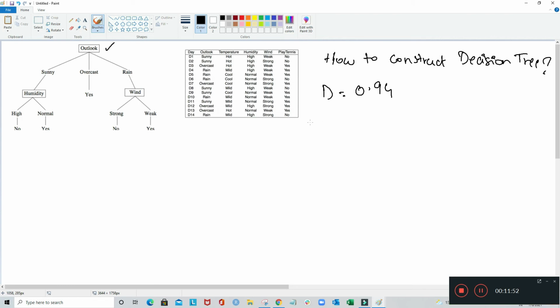We calculate entropy for each and every feature. Say if we decide to split by the outlook feature, then it has three cases: sunny, overcast, and rainy. If it's sunny, there are five data points, of which two are positive and three negative.